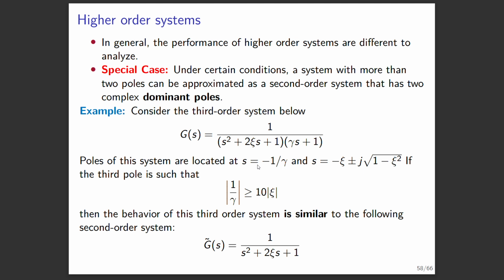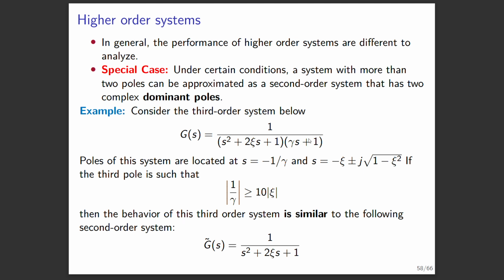So let's say this pole is negative 20, okay, and this ξc is negative 2, meaning that this third pole is way to the left. These two poles are way closer to the j omega axis or the imaginary axis. Then we say that the behavior of this third order system is similar to the following second order system.